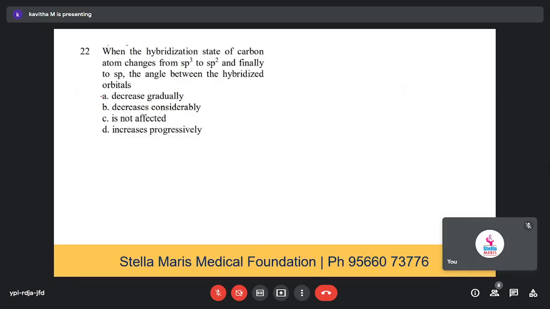When the hybrid state of carbon atoms changes from sp3 to sp2 and finally to sp, the angle between the hybridized orbitals changes. So what is the bond angle for sp3?